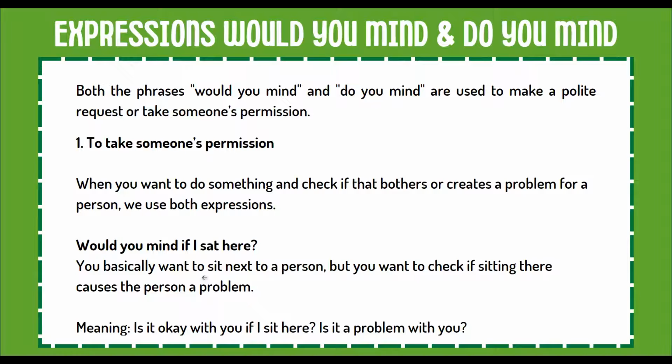Would you mind if I sat here? You basically want to sit next to a person, but you want to check if sitting there causes the person a problem. Meaning, is it okay with you if I sit here? Is it a problem with you?